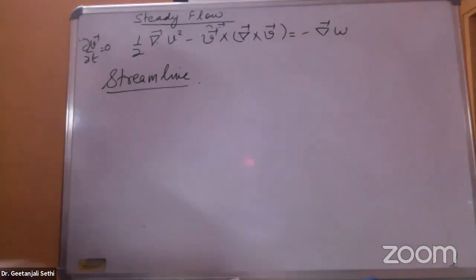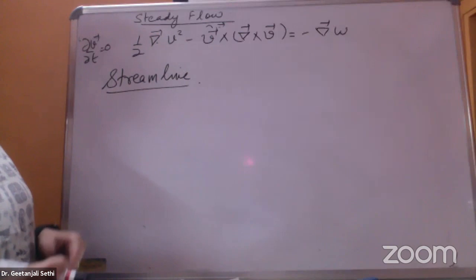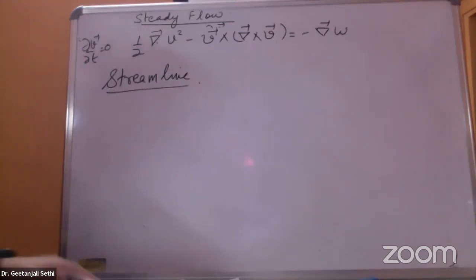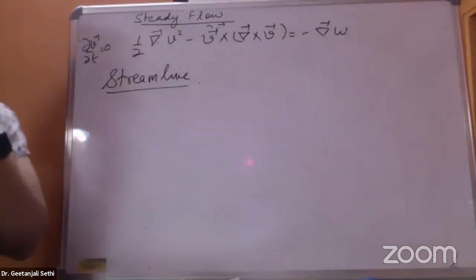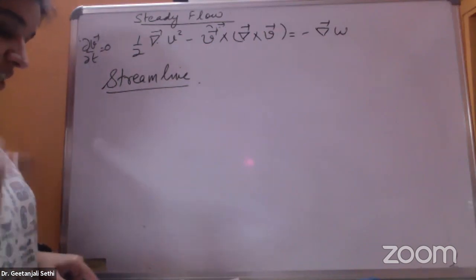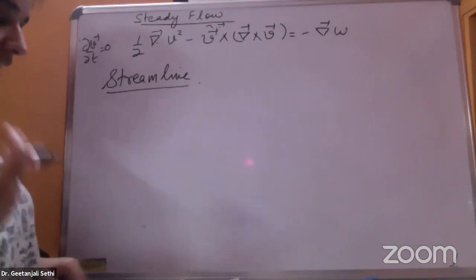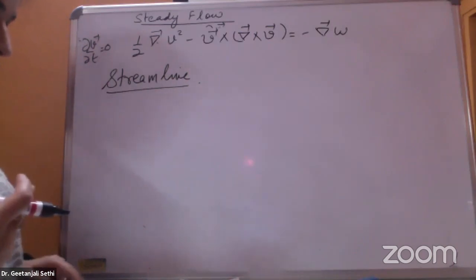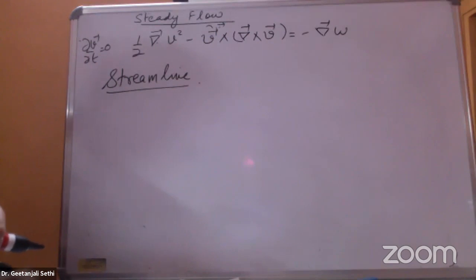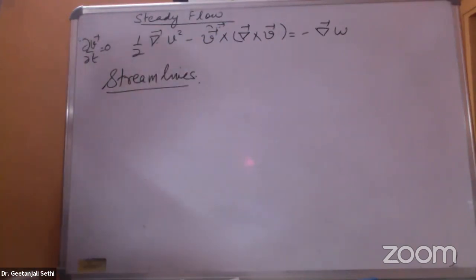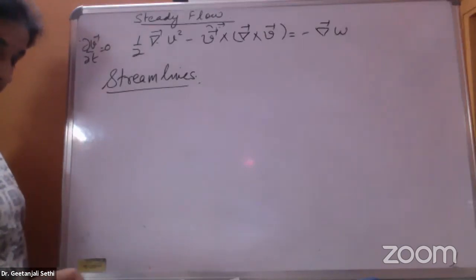You can represent fields in terms of gradients, divergence, and curls. You can represent fields in terms of fluxes. You can represent fields in terms of field lines, right? Just like you define field lines in other things that you come across in physics, you also define what are called streamlines or field lines in fluid dynamics, right?